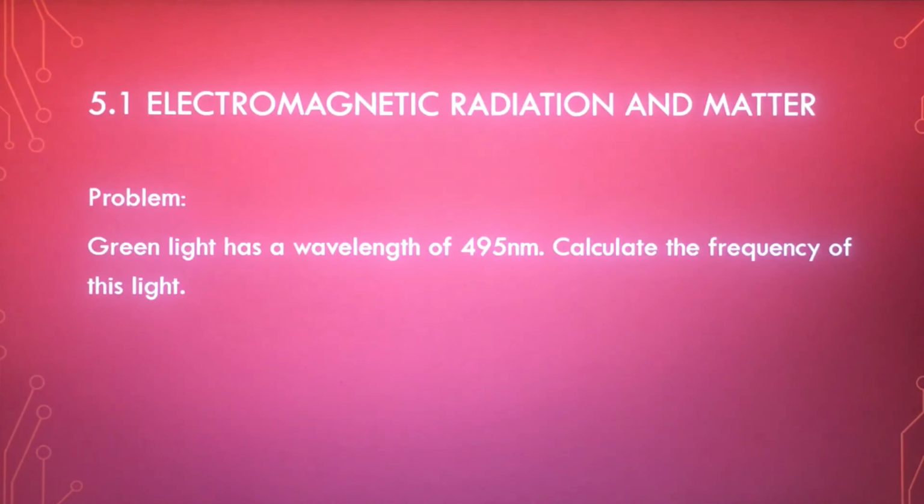So from the previous formula, calculate the frequency of the light with wavelength 495 nanometers. You may pause this video and try to answer this problem first, and then we'll answer it.